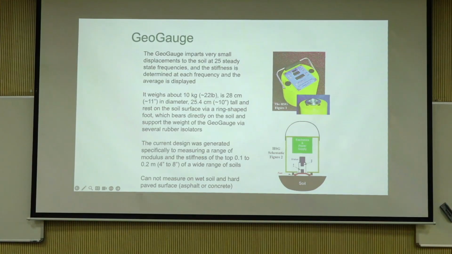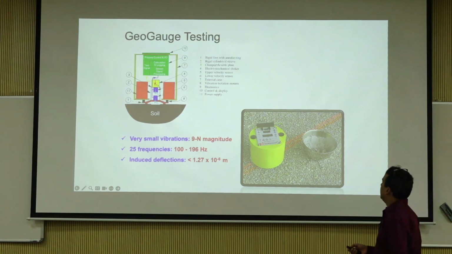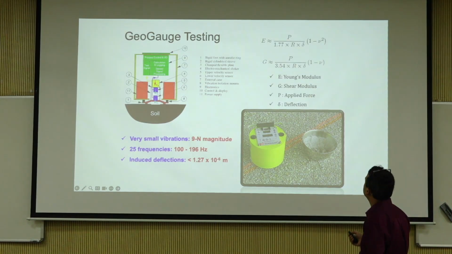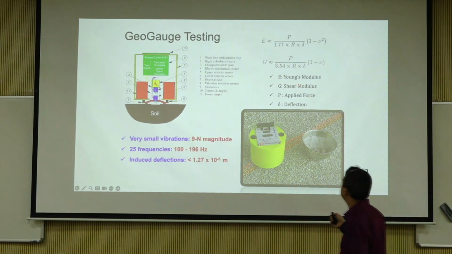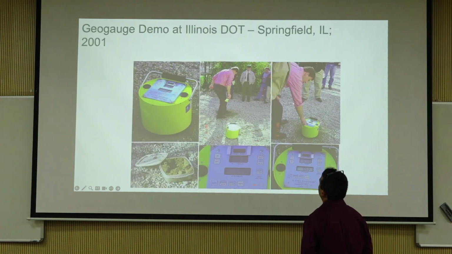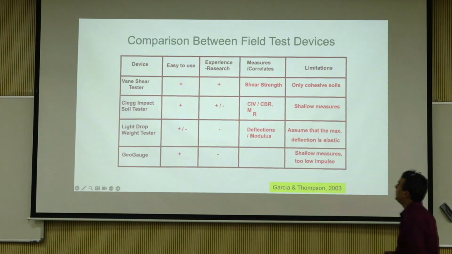You're going to get garbage. It's just going to get vibrated. This is from my PhD work. Very small vibrations. This is the relationship. It gives you Young's modulus and shear modulus. This is just some display we had in one of the projects.